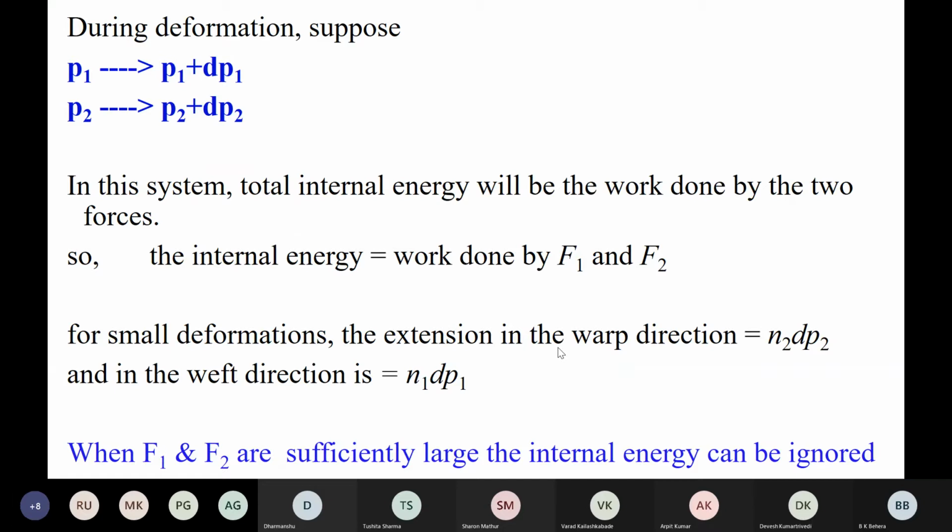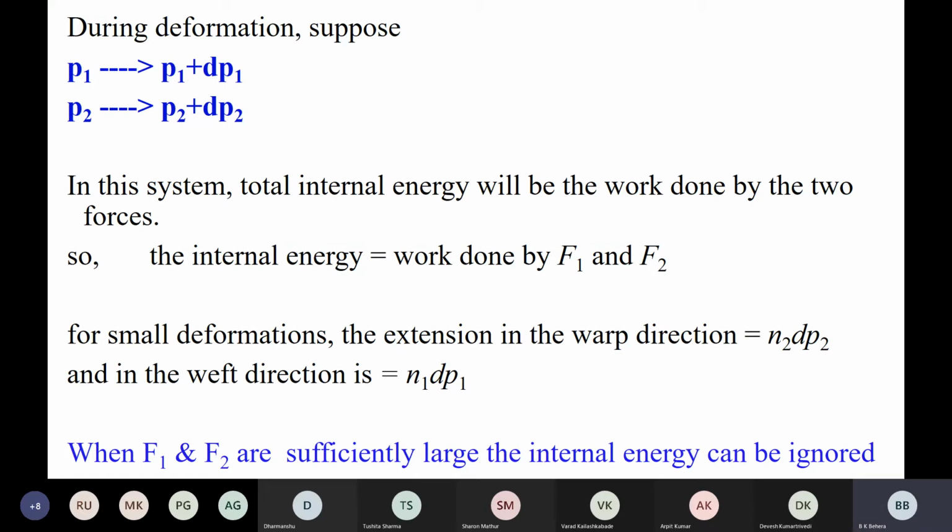So what will happen after deformation? Let our P change to P1 plus dP1. We are extending. This is a biaxial loading. So biaxial loading means there will be a change in P1, there will be a change in P2.